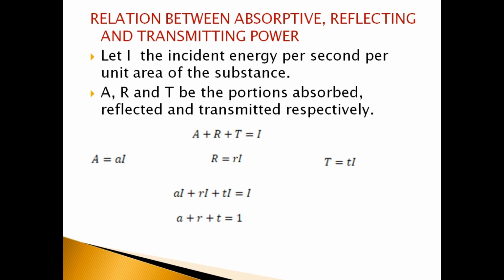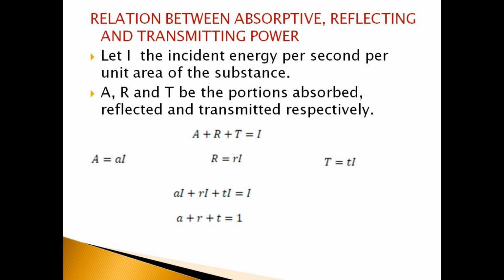It is equal to reflecting power times I. Now T is the transmitted energy. T is equal to transmitting power times I. Now substituting these three equations in the above equation, we get aI plus rI plus tI equals I. Now cancelling I, we get a plus r plus t is equal to 1. That is, absorptive power plus reflecting power plus transmitting power of that body will be equal to 1.